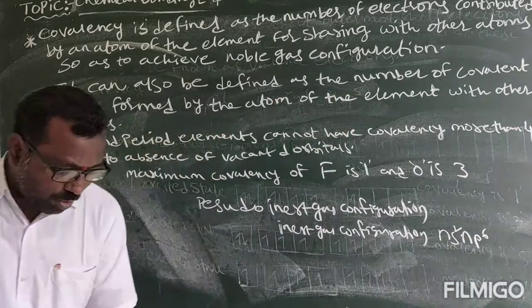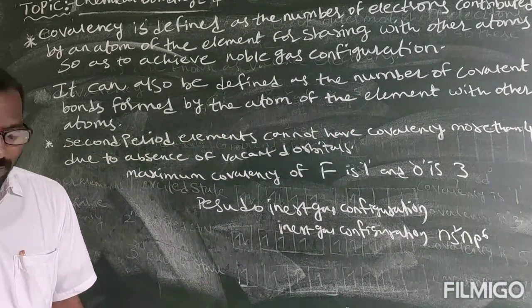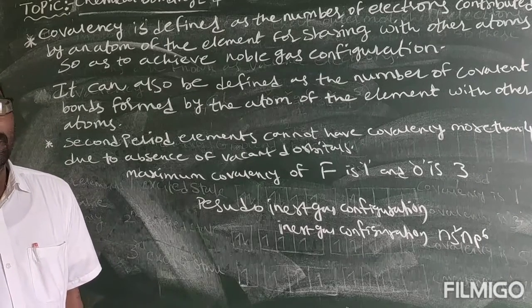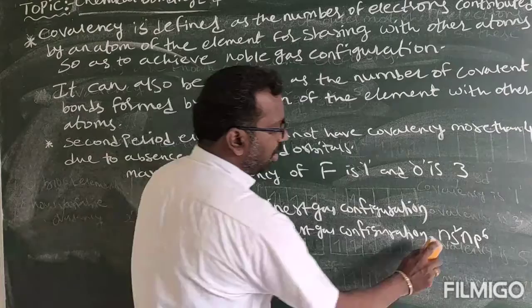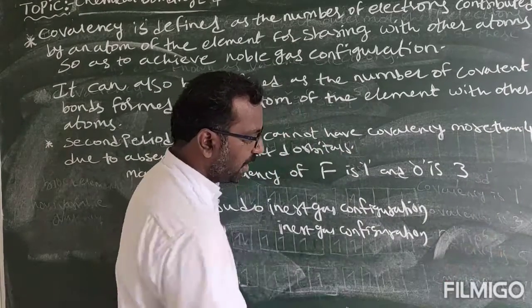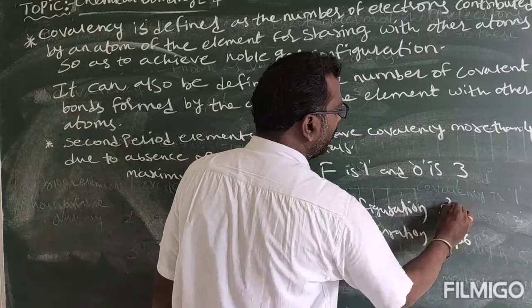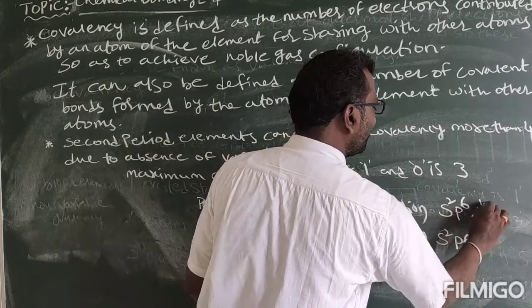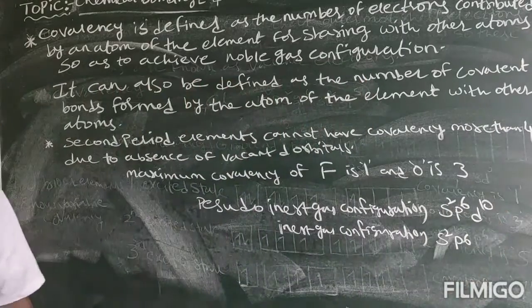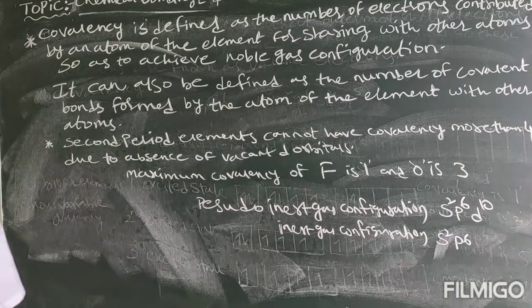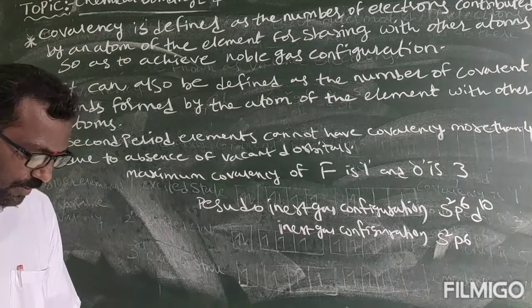Then what is pseudo inert gas configuration? Simple logic I will say here. In inert gas you will have s2 and p6 filled. In pseudo you will have d. That is the difference. s2, p6 and d10. That is called pseudo inert gas configuration. Okay.